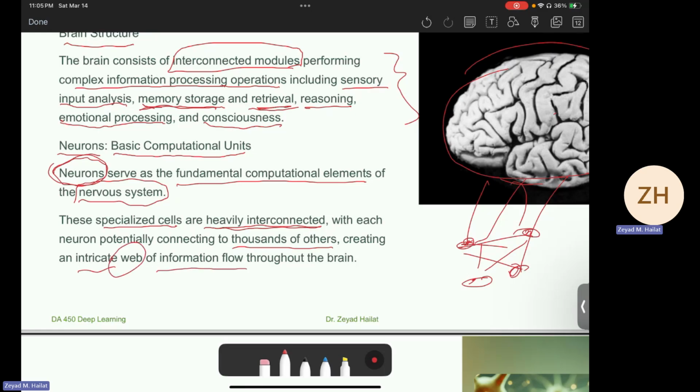We are talking about a web in the form of a spider web, a massive, densely connected network that lets information flow throughout the brain. It will carry information from the senses or from human body parts to the brain.